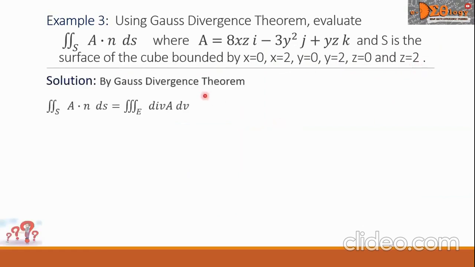Let us write the Gauss divergence theorem formula. Let's begin step 1. We evaluate divergence A.